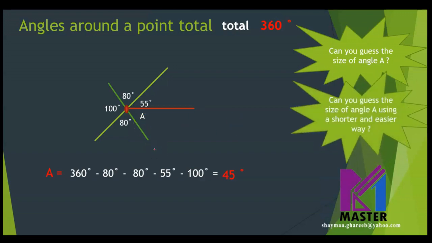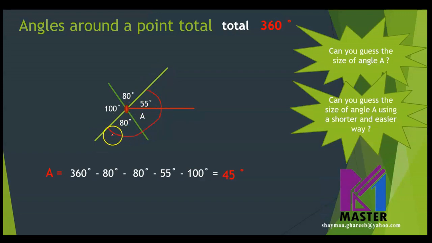Can you find a shorter way to calculate the size of angle A? What do you think? Yes, I can look at this green line here and look at these 3 angles on this line. We said before, angles on a straight line add up to 180 degrees, which means I can subtract 80 and 55 from 180 to get angle A, because the 3 angles, the 80 degrees, angle A, and the 55 degrees, are all on the straight line here.